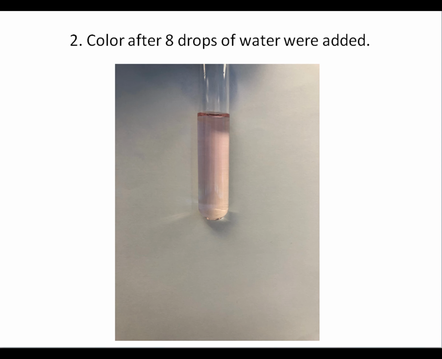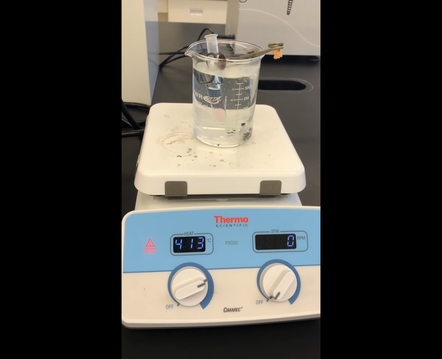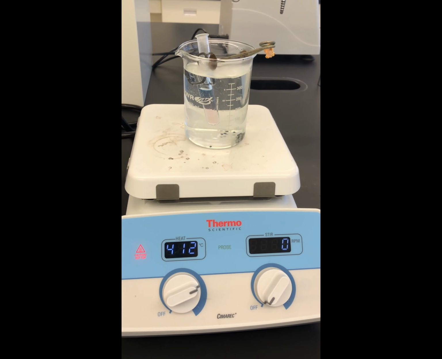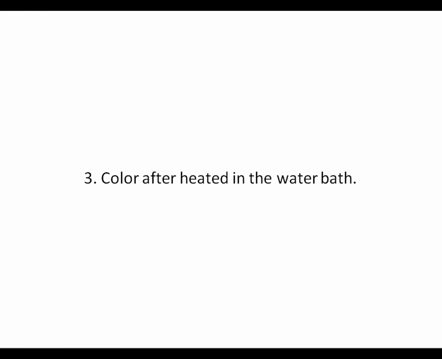Number 2, color after 8 drops of water were added. Now you're going to place the test tube in a water bath and heat for several minutes. Number 3, color after heated in the water bath.